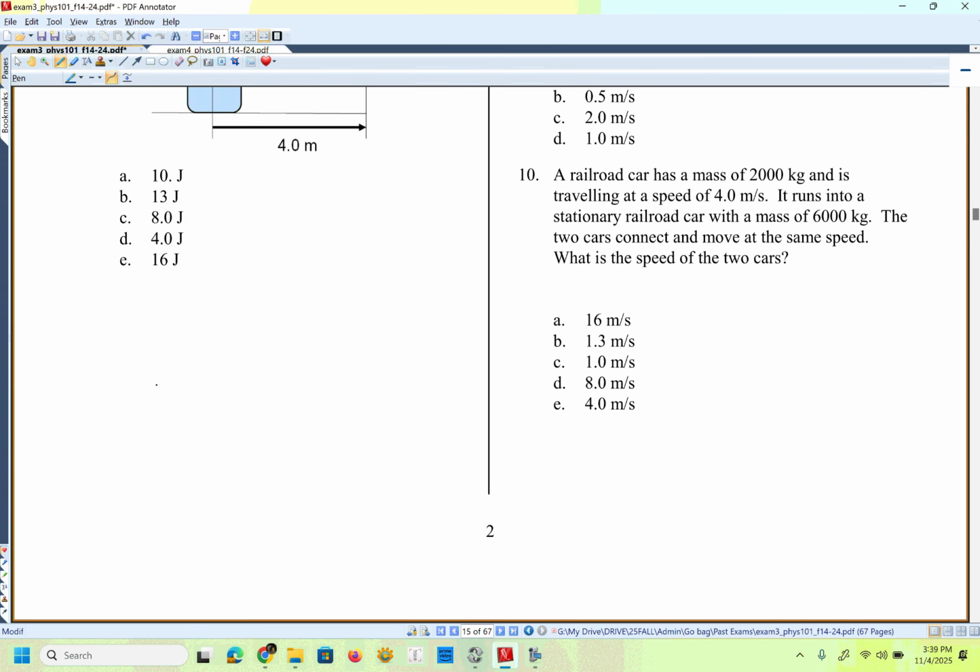All right, this one, the railroad car one? Yeah, so I have a railroad car, mass of 2,000 kilograms. It runs into a stationary railroad car with mass 6,000 kilograms. They connect and move at the same speed. Okay, so first of all, this is a perfectly inelastic collision. That means they stick together and they move at the same speed.